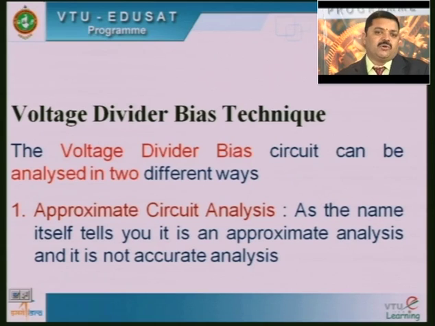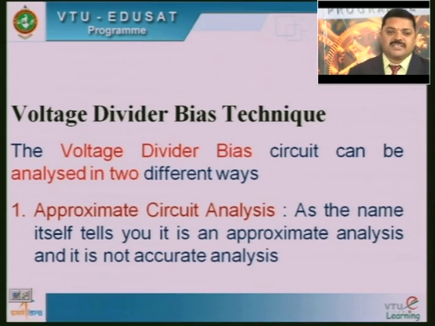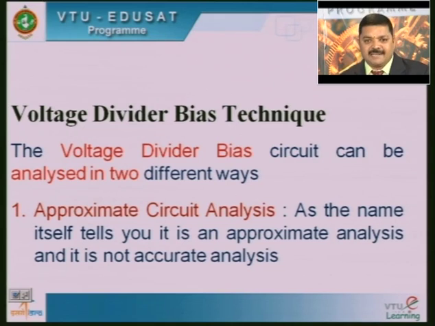When we consider the voltage divider biasing technique, there are two ways of analyzing it. The voltage divider bias circuit can be analyzed in two different ways. One is approximate circuit analysis. For simplification purposes, we consider this approximate circuit analysis.